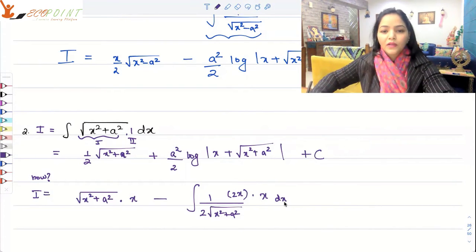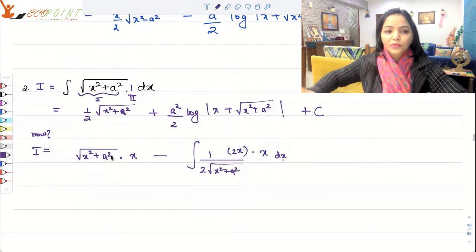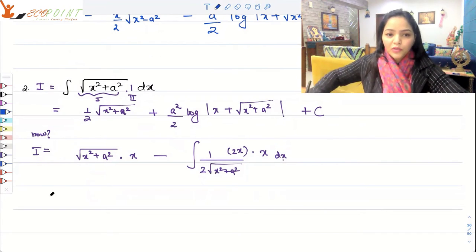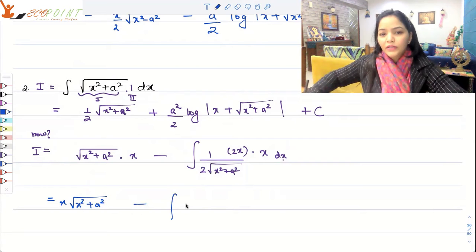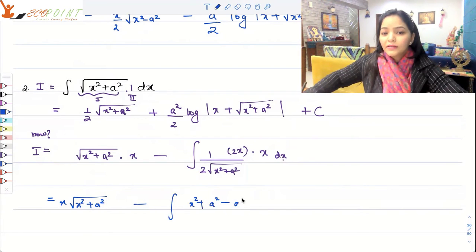dx. So you will clearly integrate it. How will you do that? The manipulation that you will use here: you have x into square root of x square plus a square this time, minus whole integral, 2 cancels, you have x square, you will add and subtract a square, so x square plus a square minus a square upon square root of x square plus a square dx.